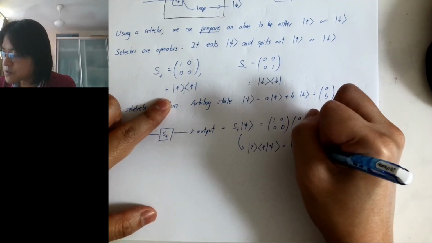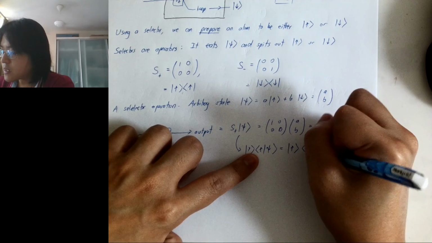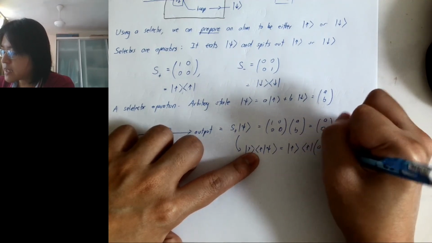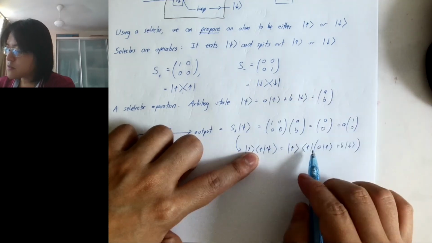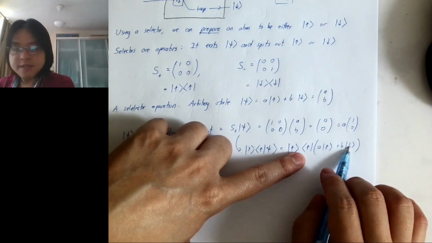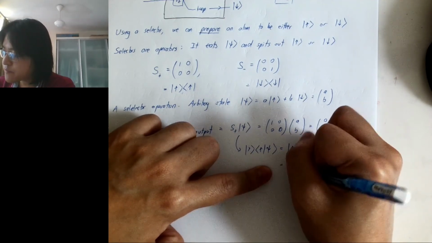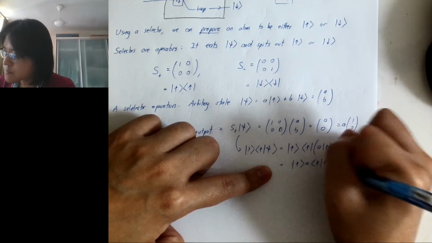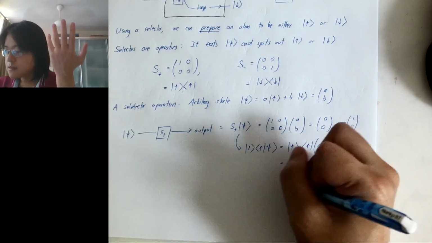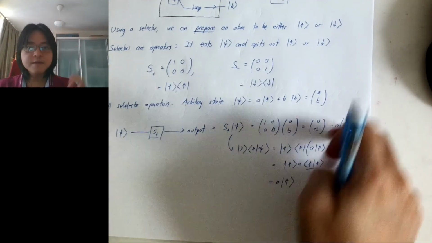We are practicing how to use this up ket, and psi is A up plus B down. If I multiply, this part will disappear, right? And I get the A part, I can just move it, and up with up is just 1. So I just come back to A up. So these two are the same thing.